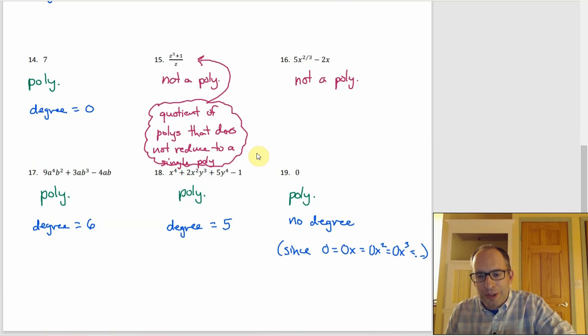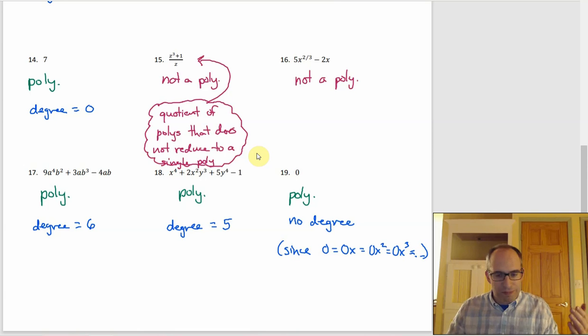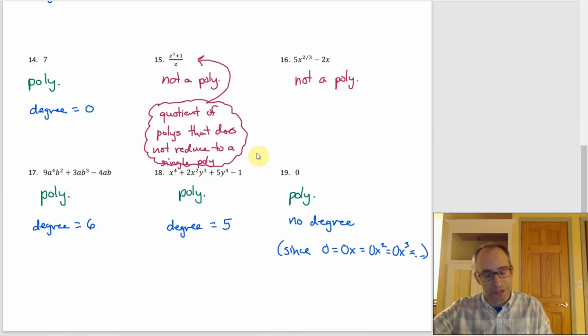So when you have a 0, it's like, well, 0 what, right? Is it just 0 and there weren't any other variable terms? Or is it 0x, it's just written as a 0? Is it 0x to the 18th just written as a 0? There's no way to figure that out. So a 0 by itself has no degree. That's the one kind of weird exception. Everything else that's a polynomial has a degree except for 0.